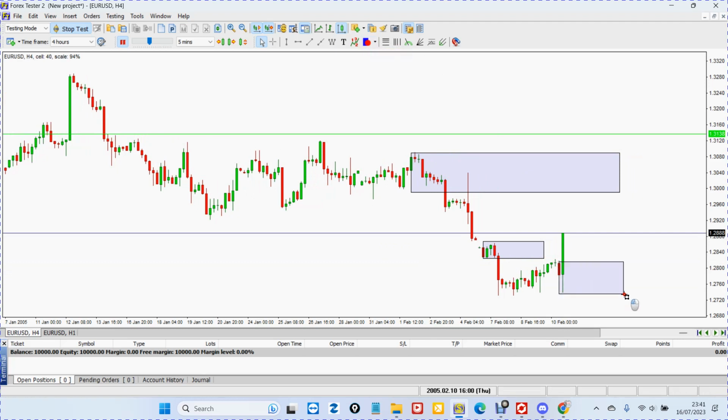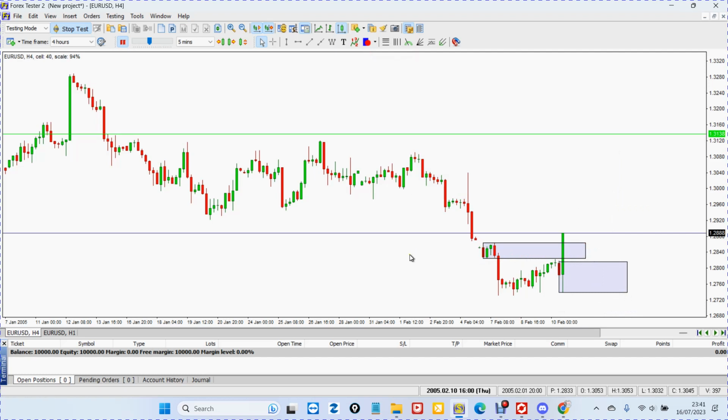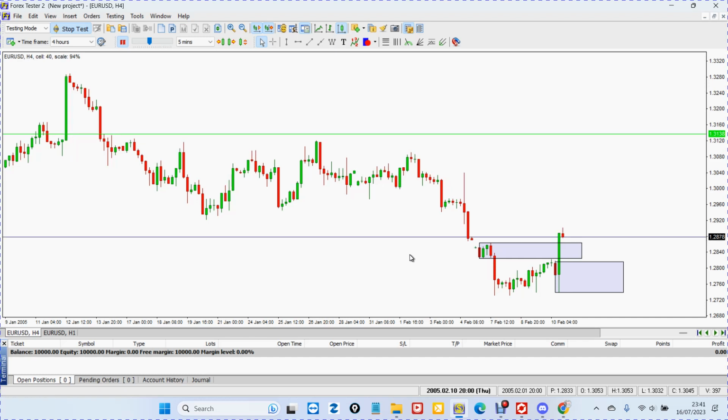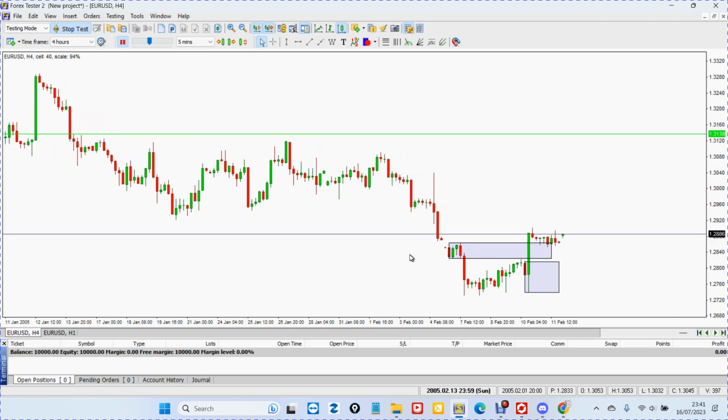Why have we got trend following demand here? Because the supply level has been removed. So we're talking purely trend following, going with the market on this 4-hour. Not multiple time frames, just this time frame.